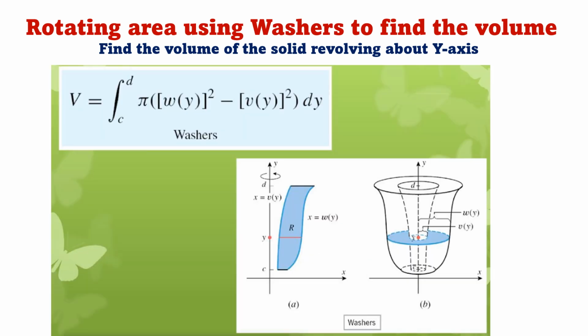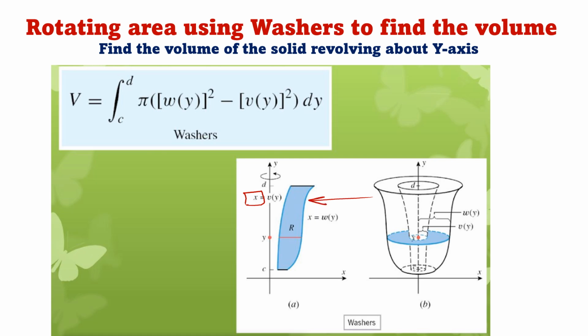Now, in the washer method, in order to find the volume when the solid is revolving about the y-axis, as we have already seen before, the equation should be written in terms of x equals f of y or x equals g of y. As we studied in area also, when it is in terms of y, we go from right to left.